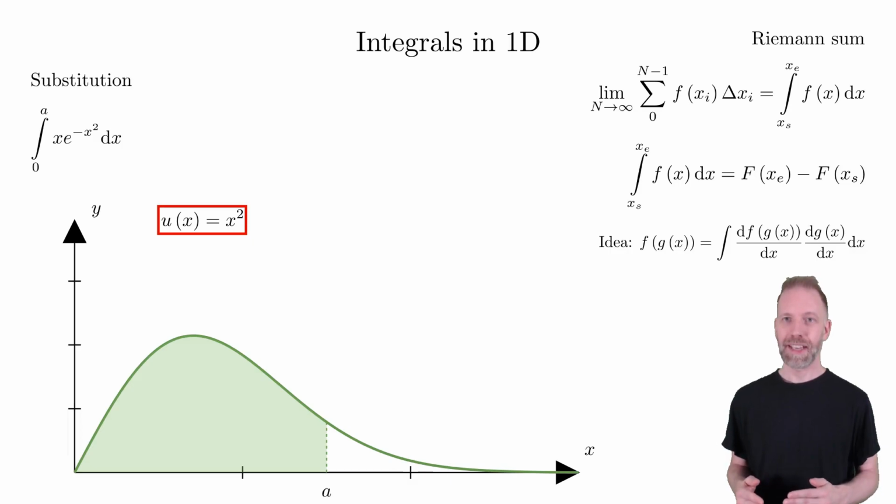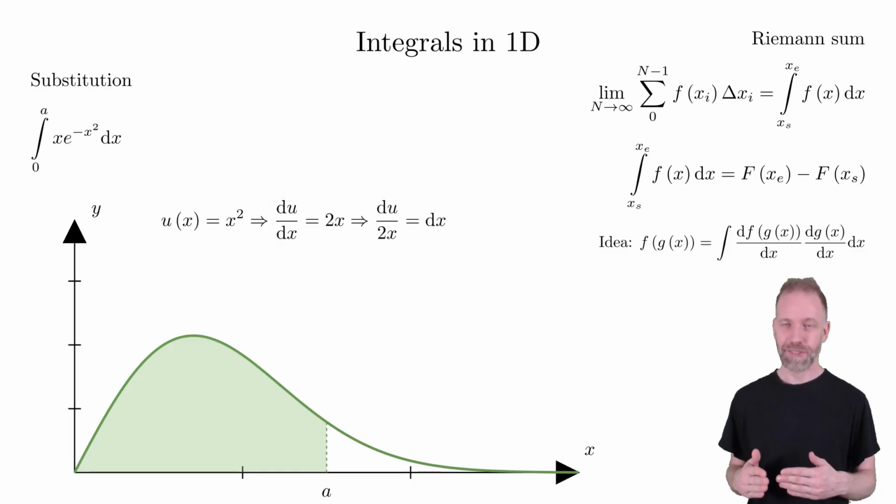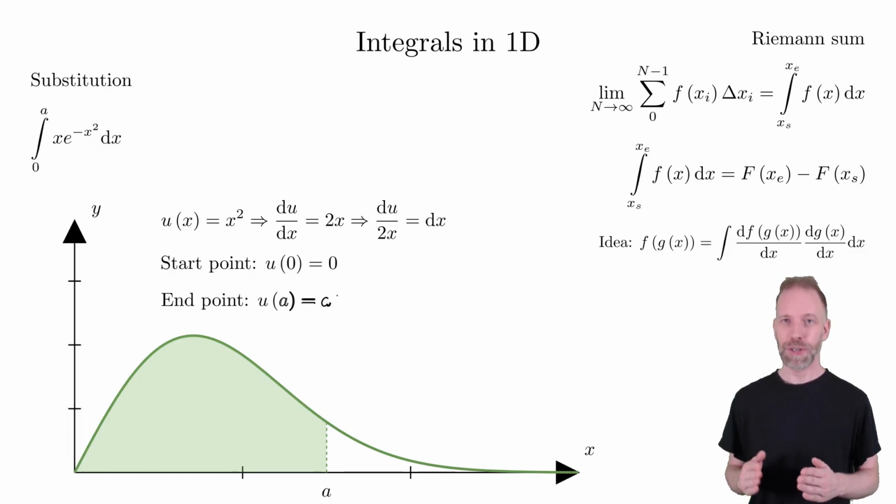This gives us du dx is 2x. A trick one can use to simplify the substitution is to write dx as a function of du. Our start point is u of 0, which is 0. Our end point is u of a, which is a squared.